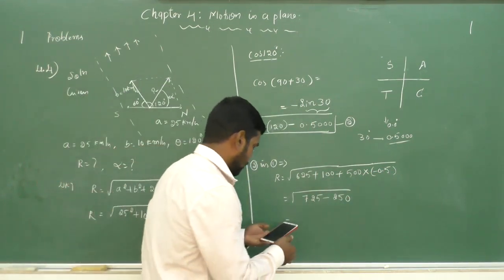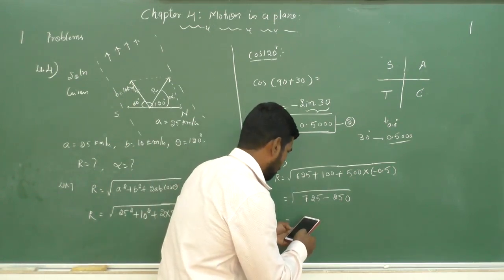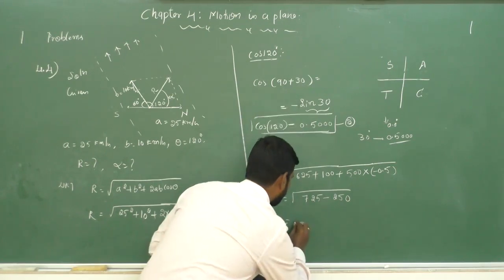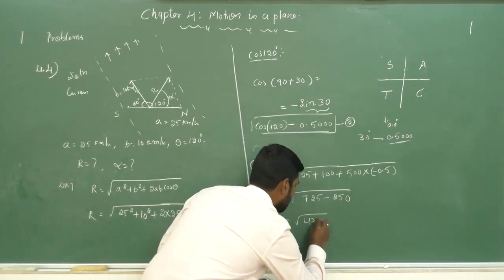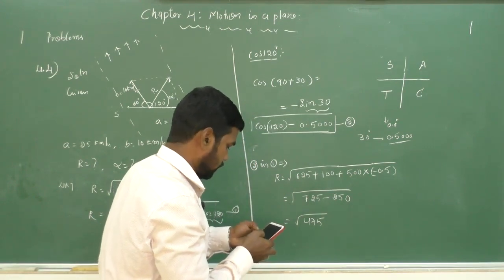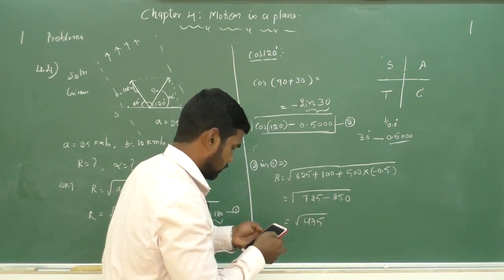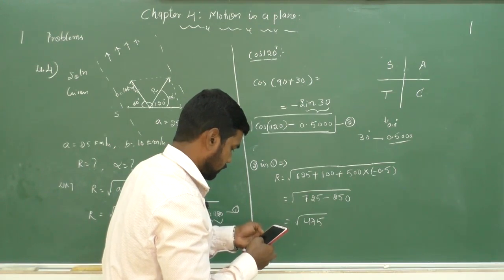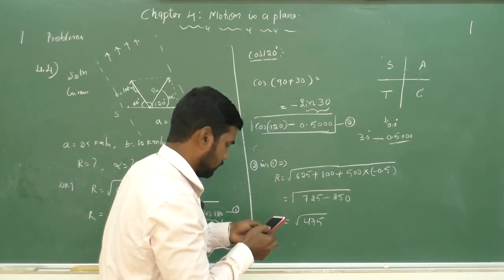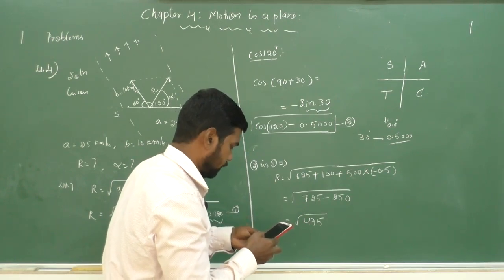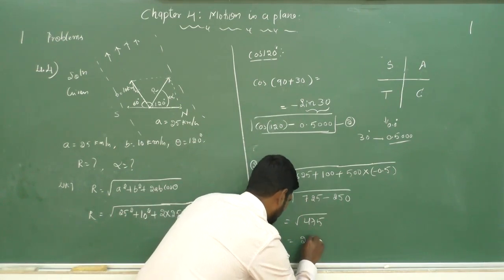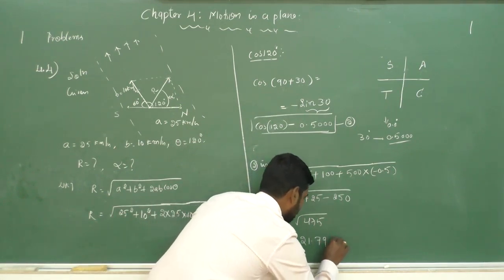What is the value? 725 minus 250, its value will be 475. Square root of 475, here its value will be 21.79.